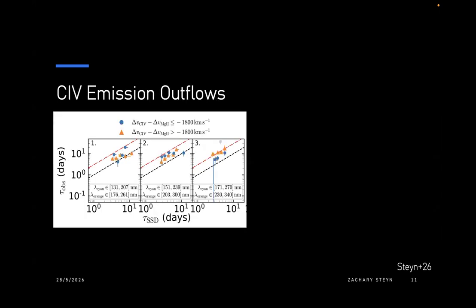Speaking a little bit about disk winds, we also explore potential correlations with emission line outflows, CIV. If I direct your attention to the first two panels in this plot, it looks like the high outflow winds, so the CIV is blueshifted relative to the MgII, in these systems the lags are longer.